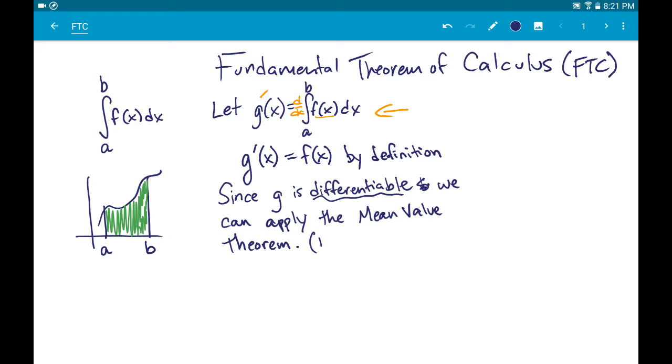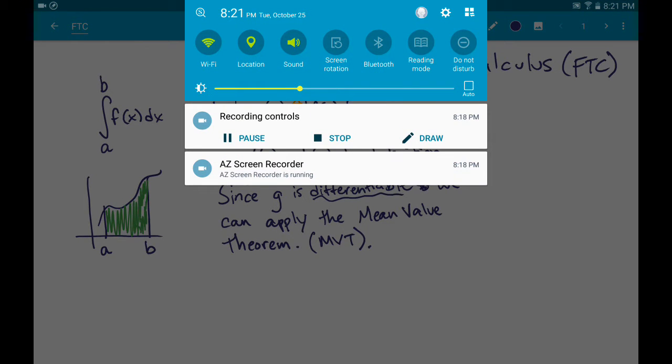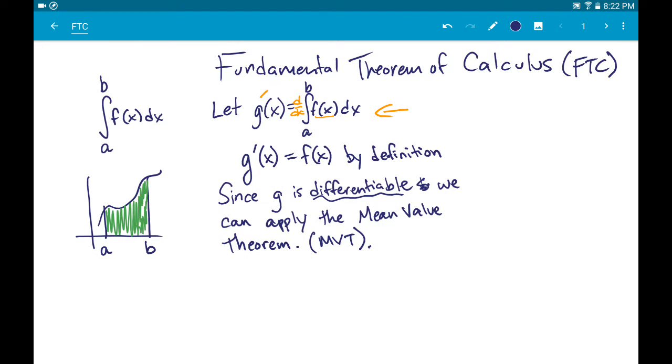And that sometimes is called the MVT. Okay, I'm going to move forward to the next page, and what we're talking about is the MVT.